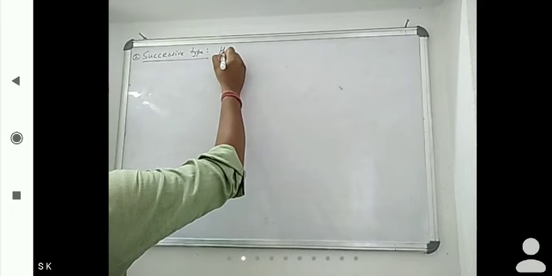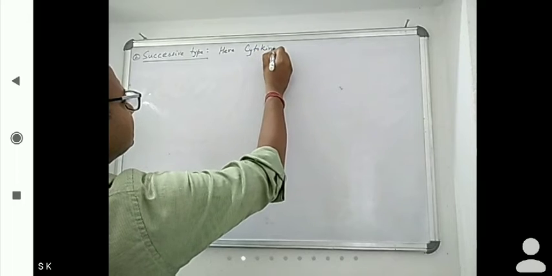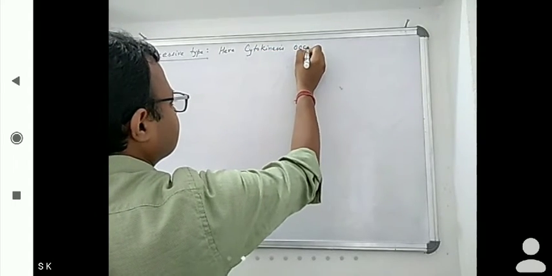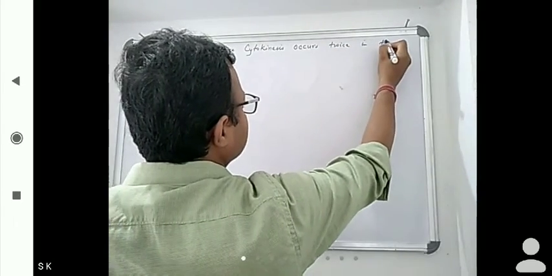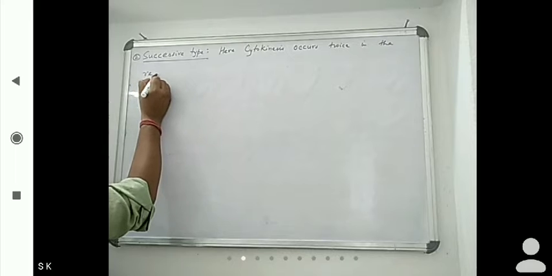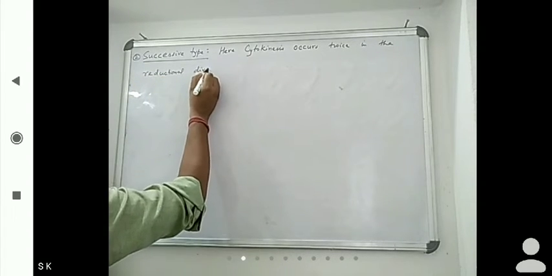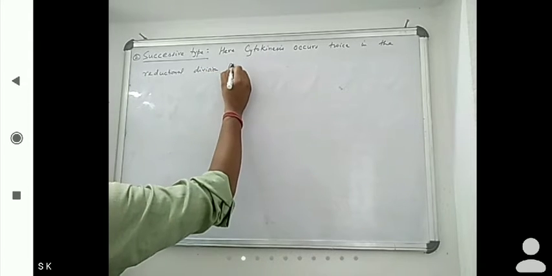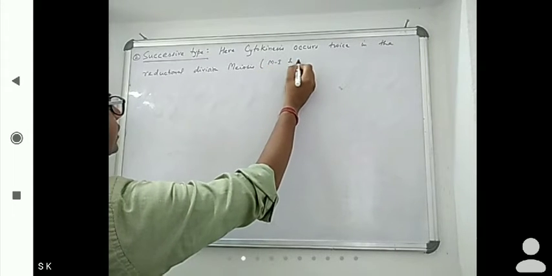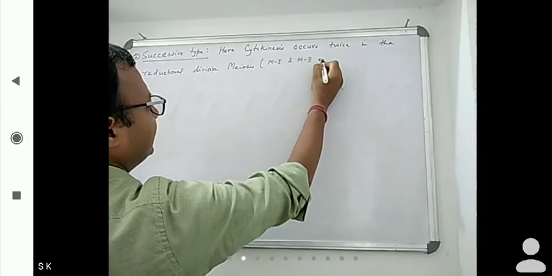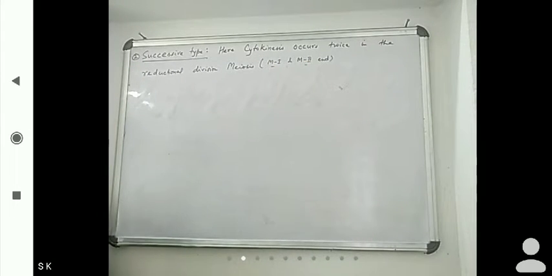So here cytokinesis occurs twice in the reductional division meiosis. Okay, at the end of meiosis 1 and at the end of meiosis 2.